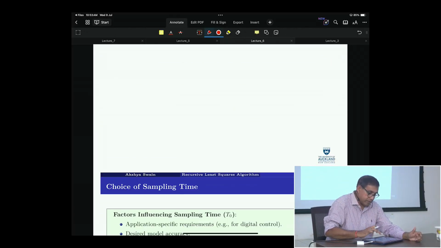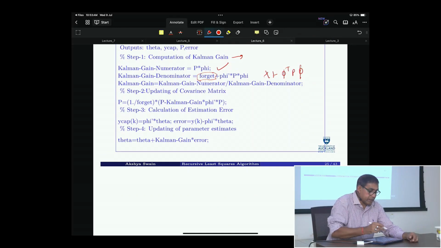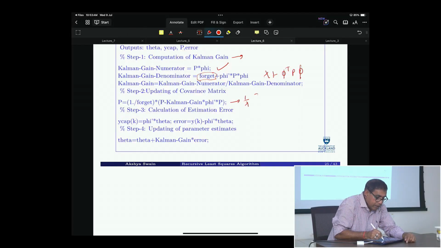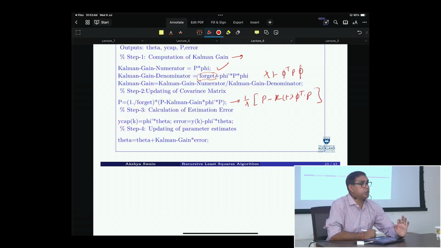Now see here, the same thing in the program. P is equal to 1 by lambda into P minus Kalman gain K into phi transpose into P. Clear? So K is computed and P is computed, right?